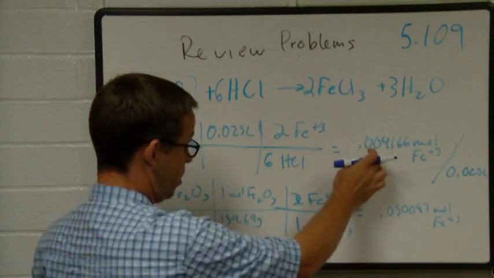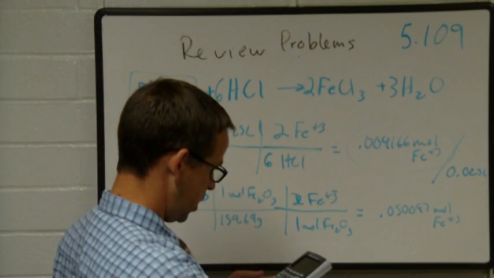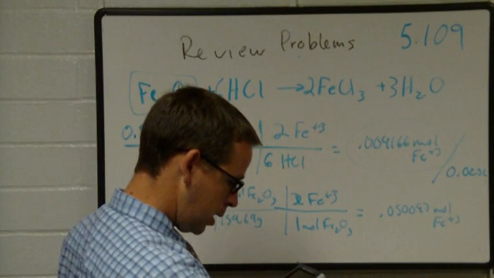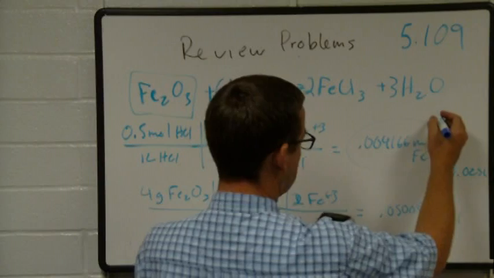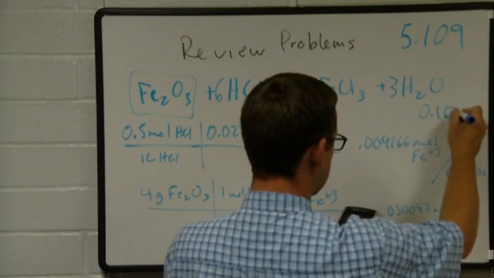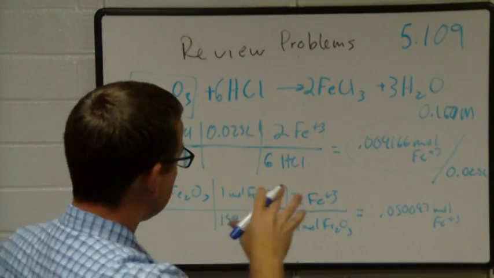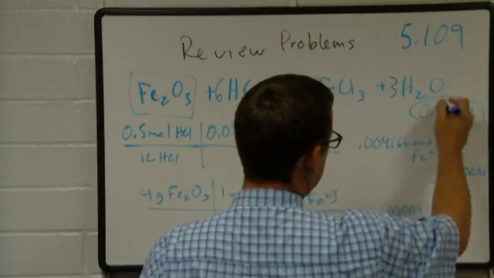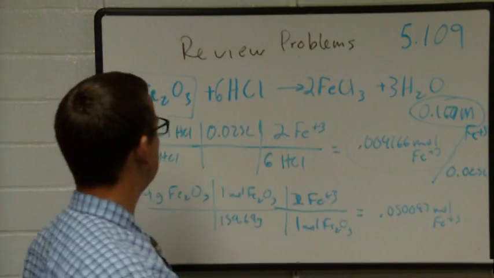So we take this value here, 0.004166, and divide that by 0.025. That should be our concentration, which is 0.167 molar. Okay? All right, so that's the concentration of iron 3 ion in the end.